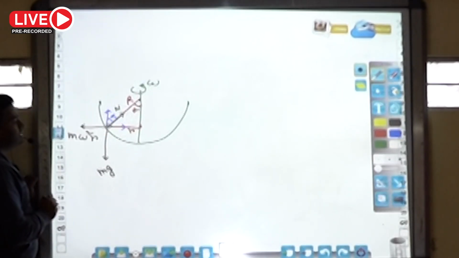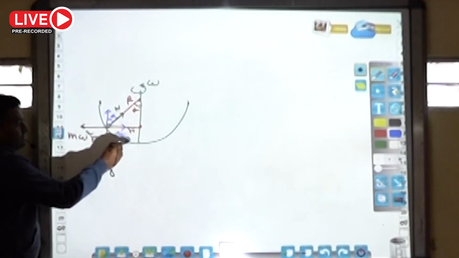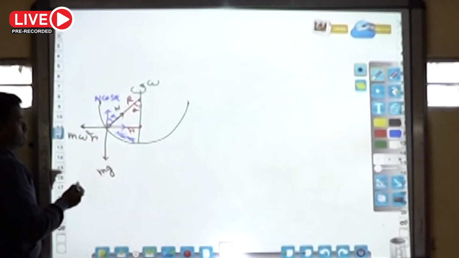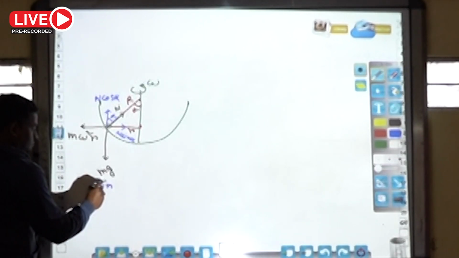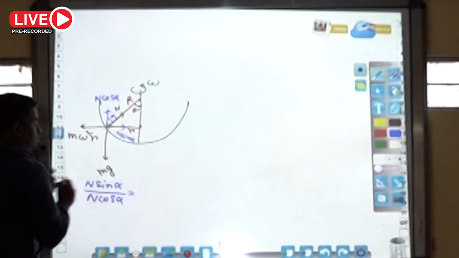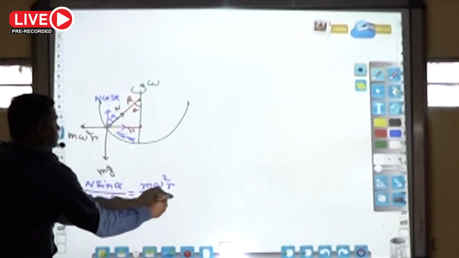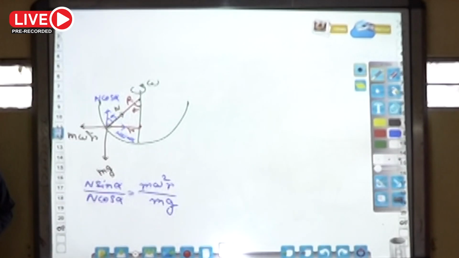Then N sin alpha is along this, and N cos alpha is along this.